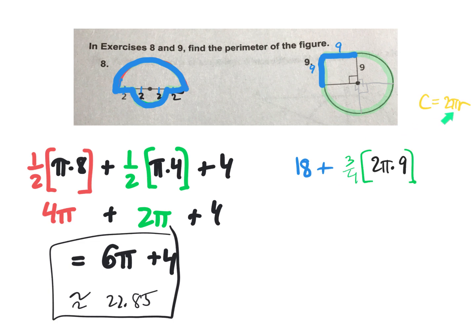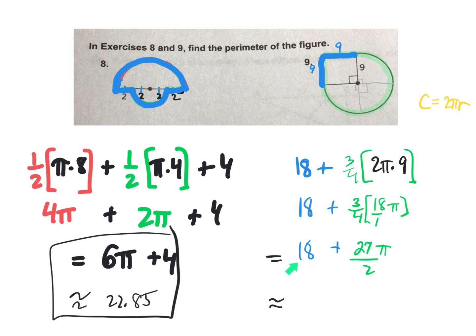So using the formula 2 pi times radius for a circumference of a circle, the circle's radius is 9, so 2 pi times 9 is the circumference of the entire green circle, but we only wanted 3/4 of it. So that's 3/4 of 9 times 2, or 18 pi. And 3/4 times 18 is 3 times 18, 54, over 4, which reduces to 27 halves.